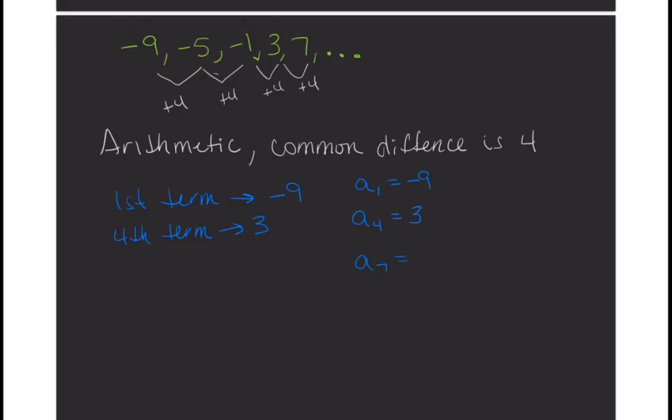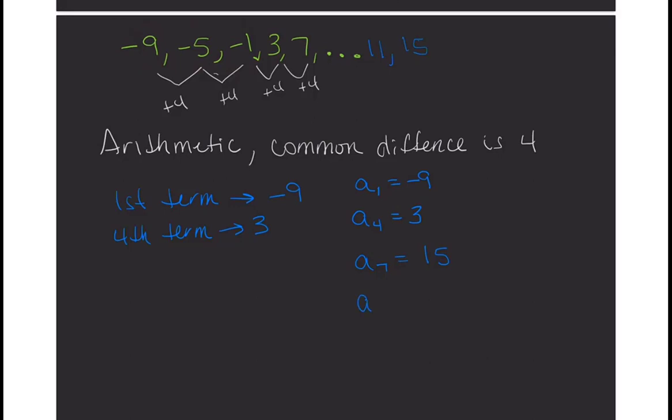Which one is it? 15? So what do we have? 1, 2, 3, 4, 5, right? So what's our sixth term going to be? 11, yep. So then our seventh term is going to be 15.